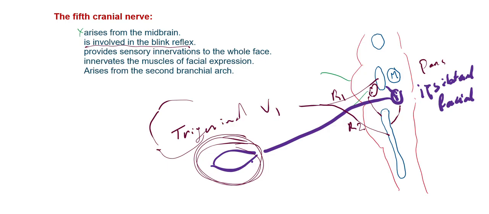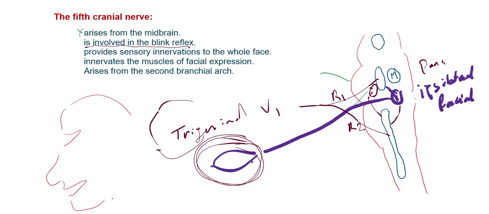Option 3, provides sensory innervation to the whole face. This is the face, and from the tragus it's divided into 3 parts.